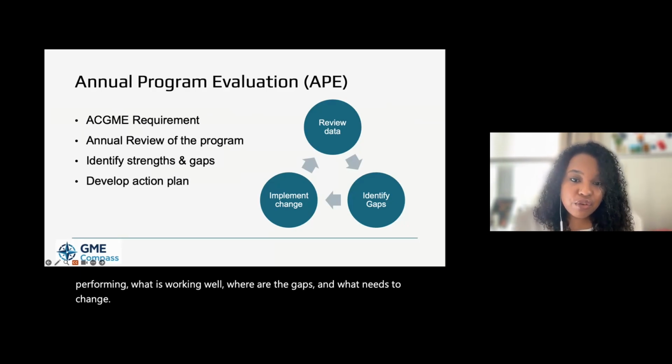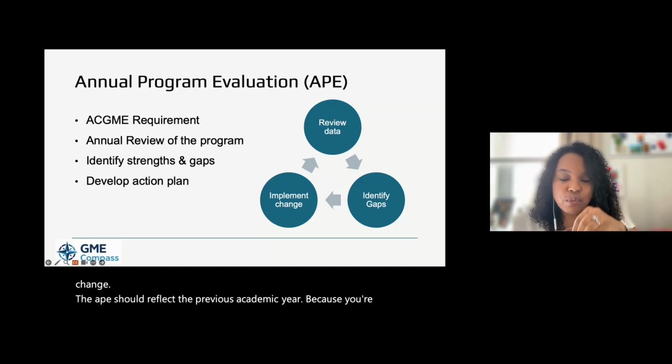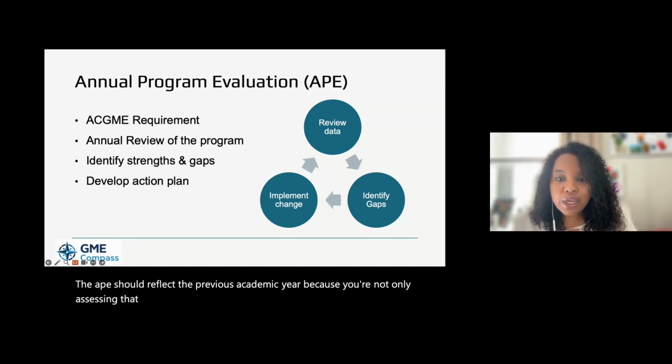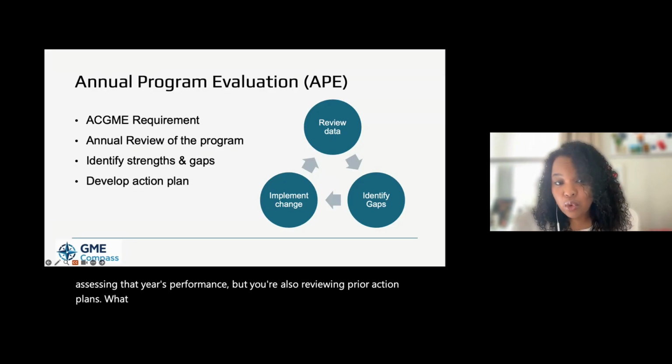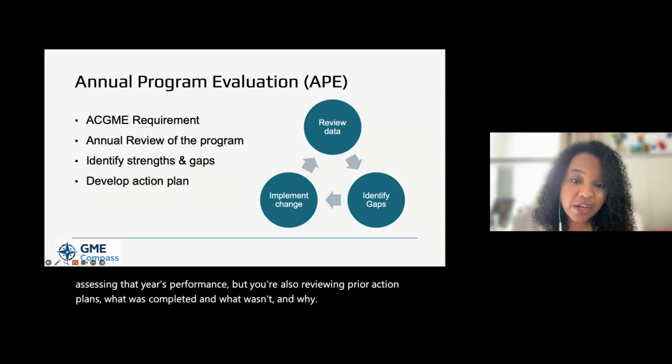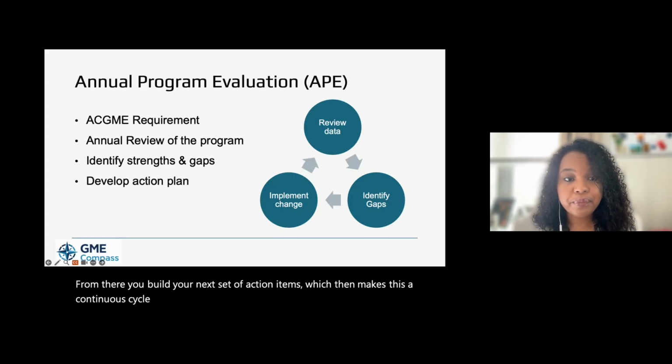The APE should reflect the previous academic year, because you're not only assessing that year's performance, but you're also reviewing prior action plans, what was completed and what wasn't and why. From there, you build your next set of action items, which then makes this a continuous cycle of evaluation and improvement.